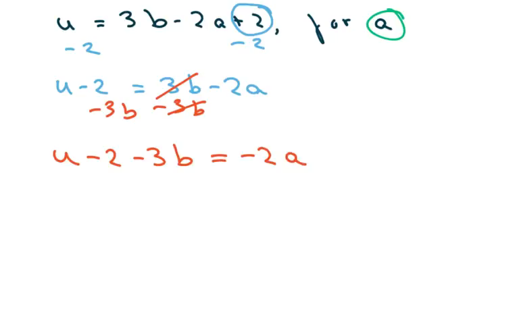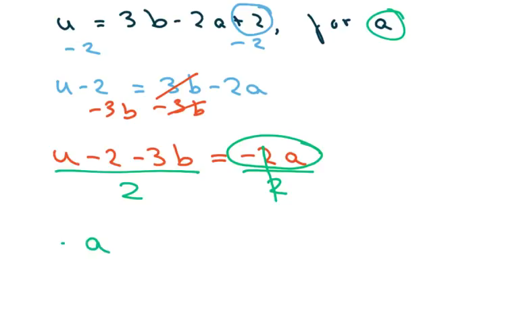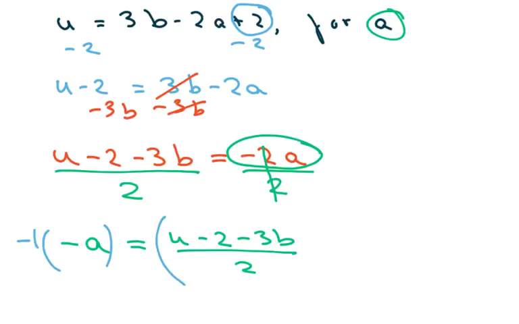Now I'm going to divide everything by 2. That cancels. What happens is you have this negative a here. So I'm going to rewrite this as negative a equals u minus 2 minus 3b all over 2. What I'm going to do is multiply both sides by negative 1, because we're solving for a, not negative a.